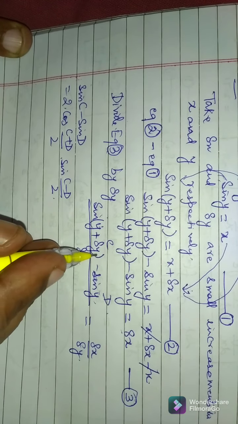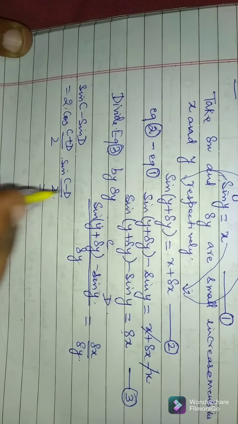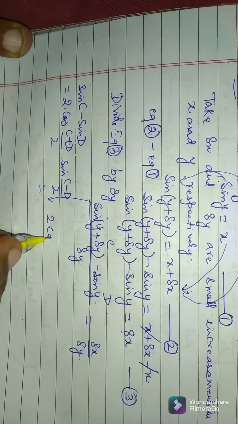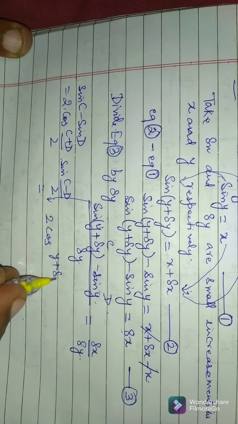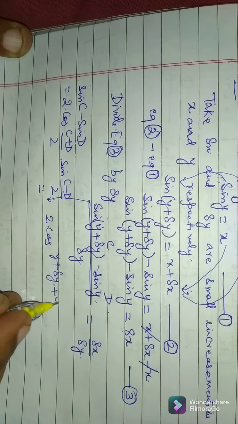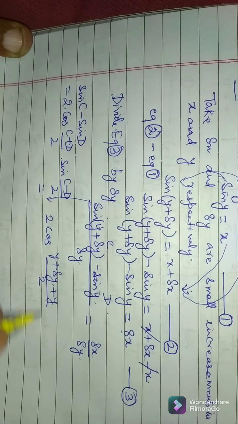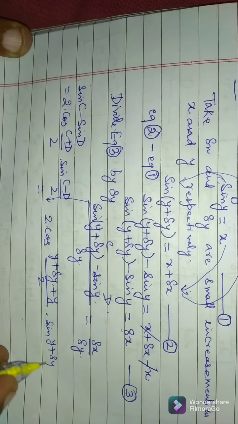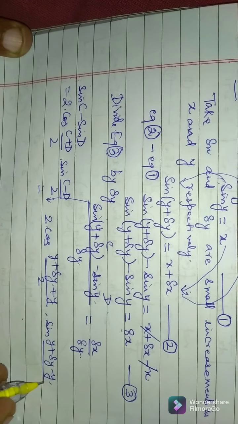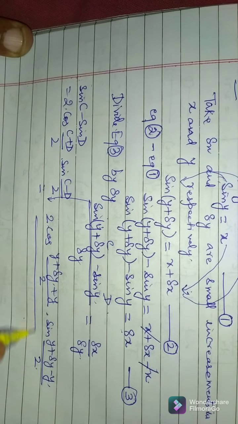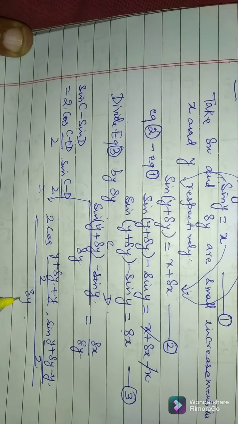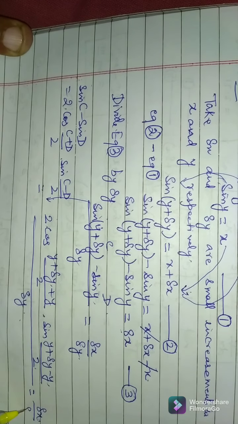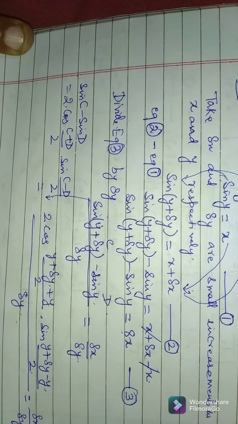So we will use the formula over here. So twice cos of (y plus delta y plus y) upon 2 into sine of (y plus delta y minus y) upon 2, whole divided by delta y, and on the right hand side delta x upon delta y.